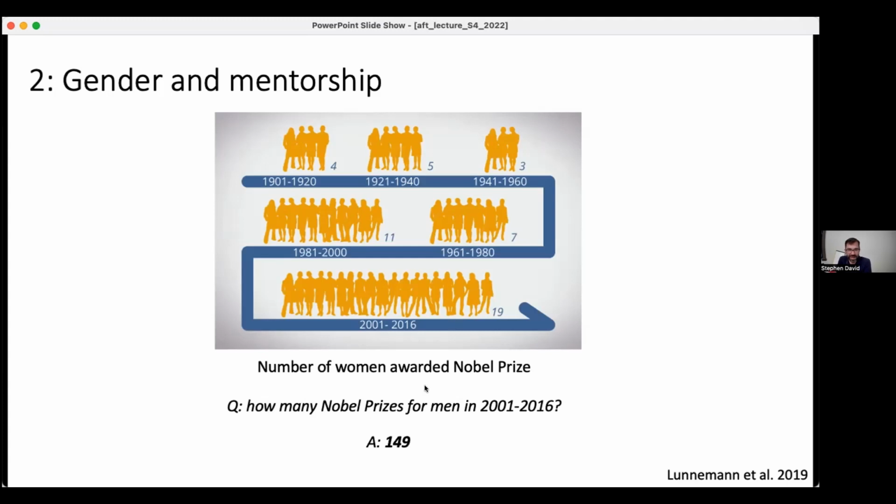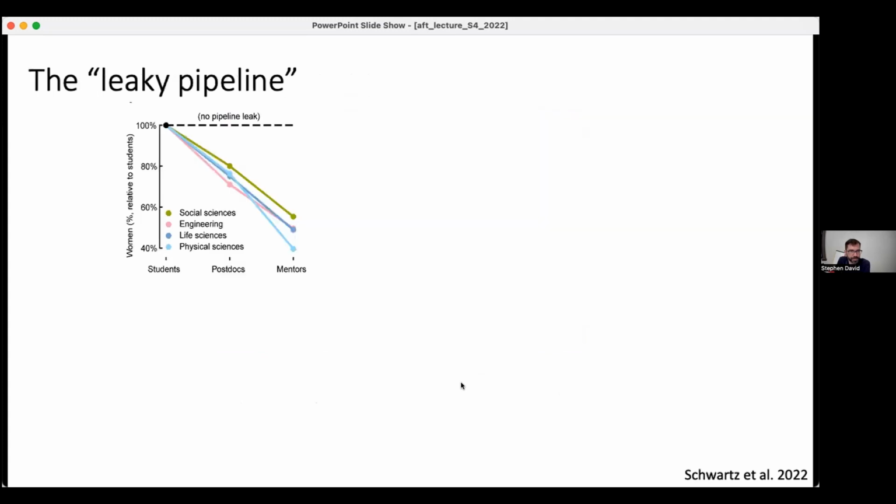So 149, right? So this pretty imbalanced ratio of men and women winning the Nobel Prize is just one way of looking at the data, but it highlights the very clear differences between genders in academic research in general.